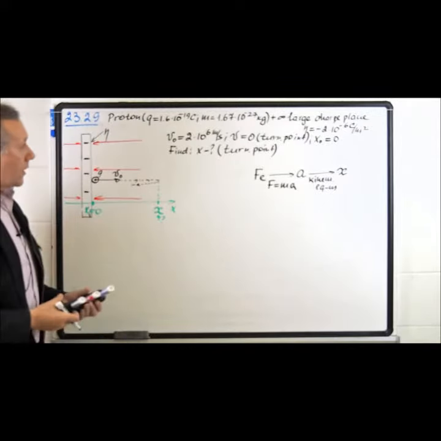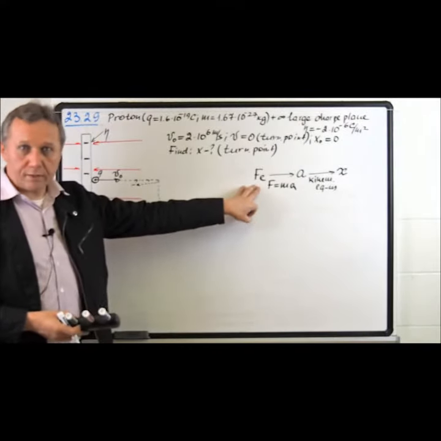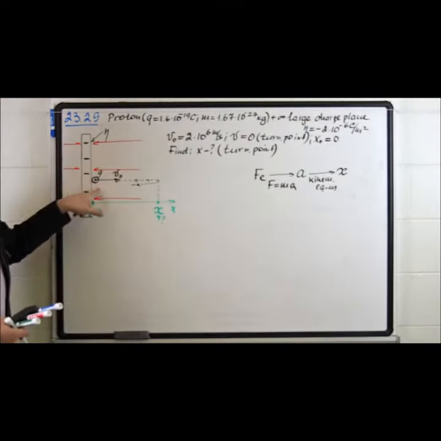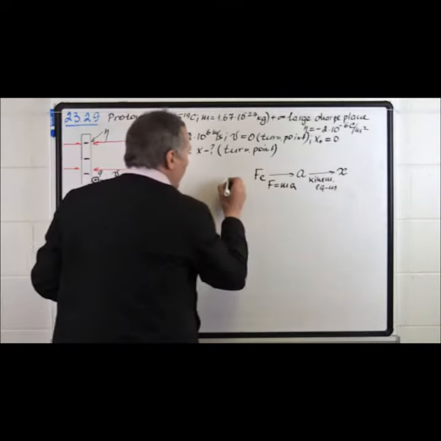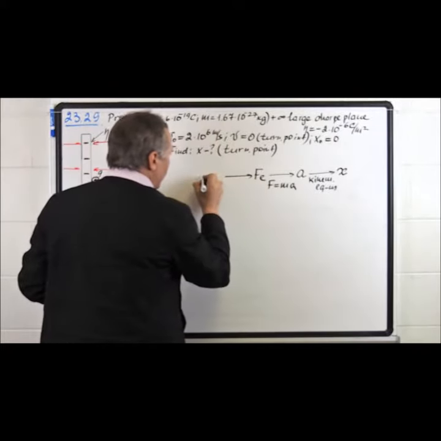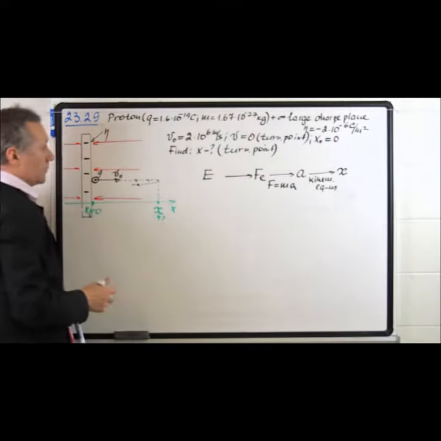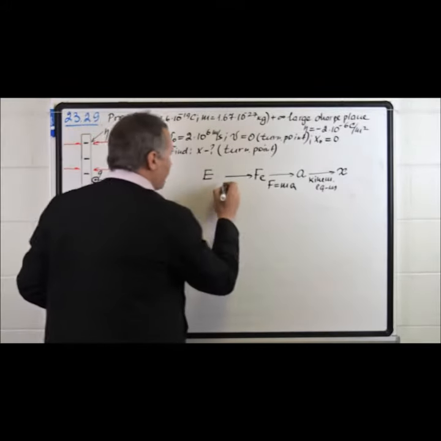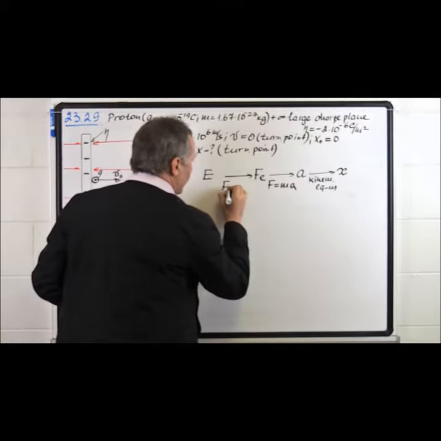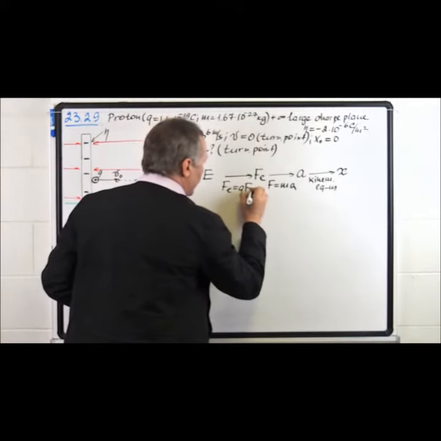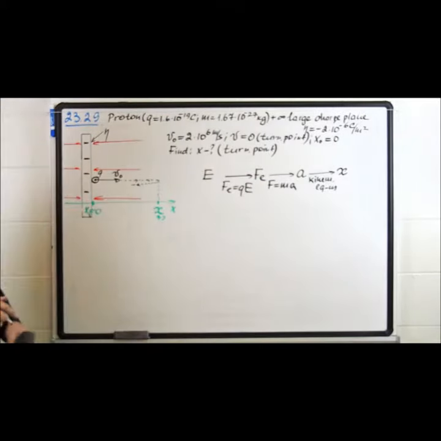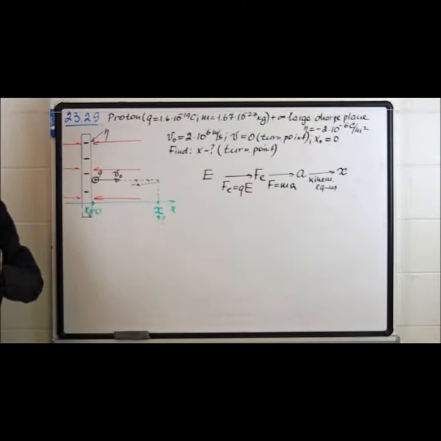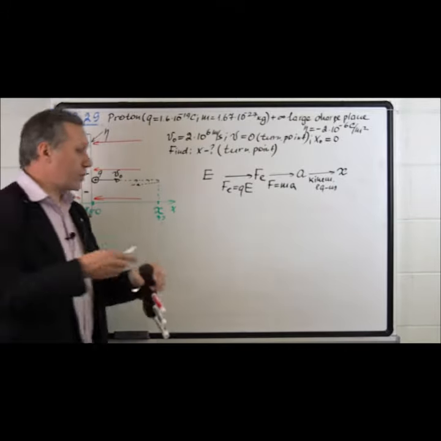So then, in order to find the electrical force acting on the charge Q, we need to know the electric field, which is created by this infinitely large plane, and the expression which relates force and the electric field, F equals QE. So that's basically the steps which we have to make to solve this problem.